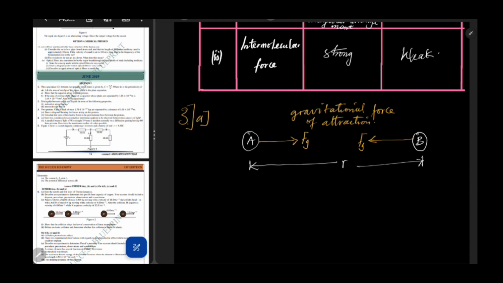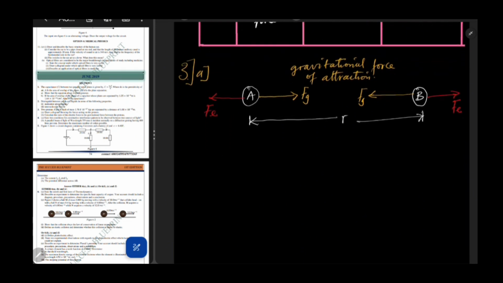That means between A and B we expect to see a repulsive force. So we have in this direction Fe, and this way Fe as well. These two forces are the electrostatic force of repulsion.